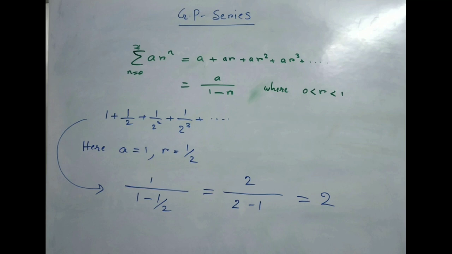So the next example we can see of a GP series: 1 plus 1 by 2 plus 1 by 2 square plus 1 by 2 cube plus dot dot dot. Here 1 is our initial term, the first term, and 1 by 2 is our common ratio r. So we can see that the sum of the series is 2.